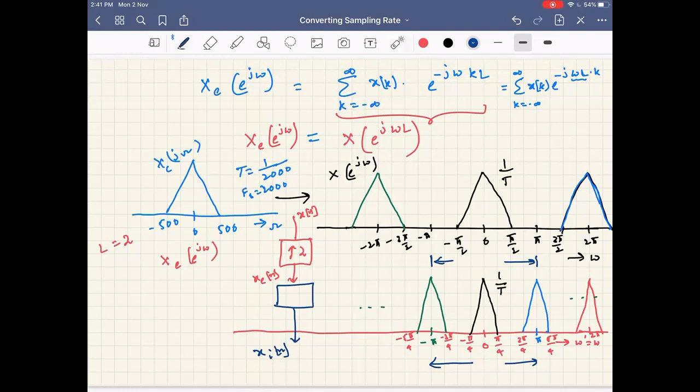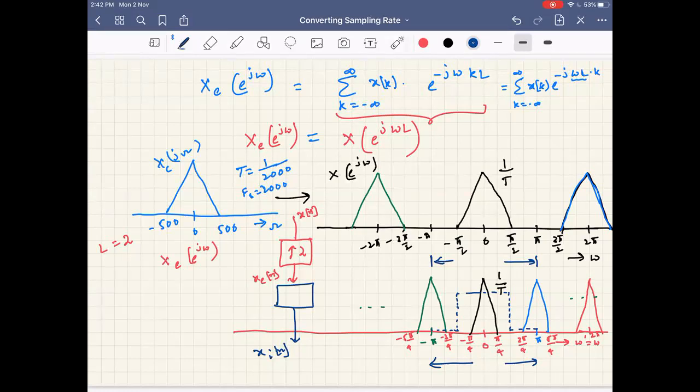This interpolation is needed for extracting only this component of the spectrum in the range minus pi to pi, and not being affected or introduced with additional frequency components because of the repetitions in X of e power j omega.